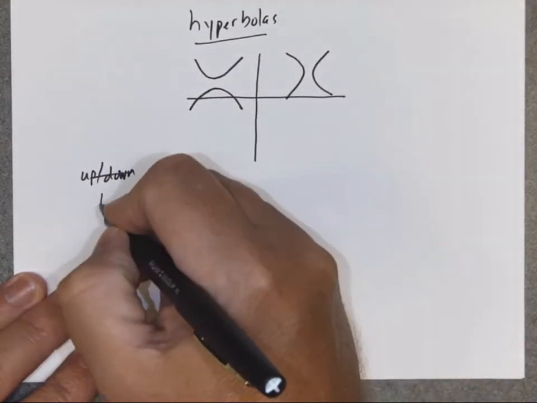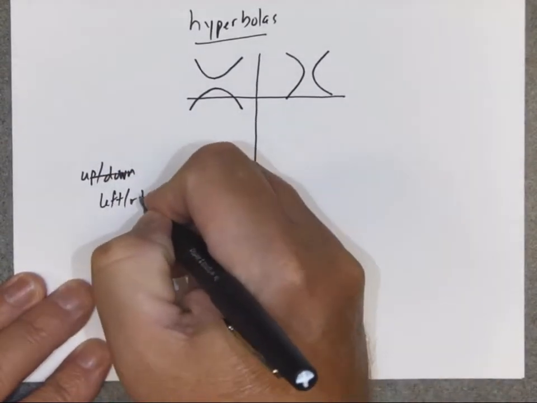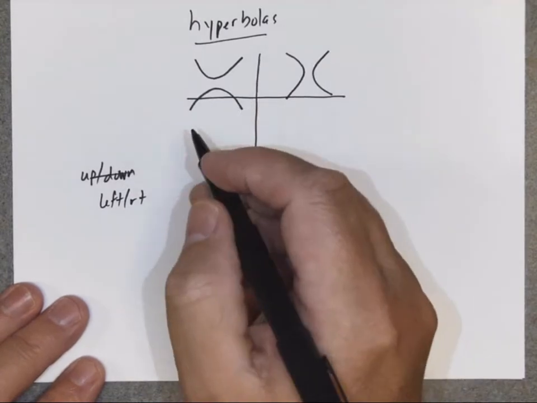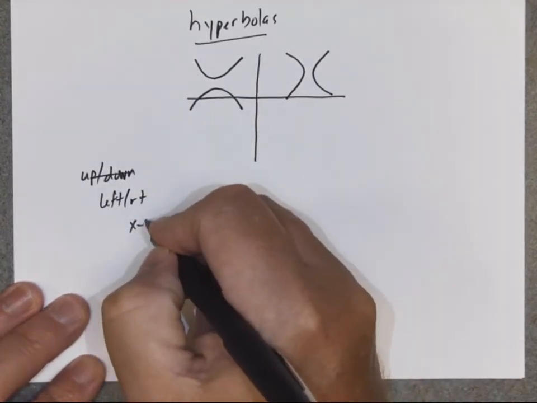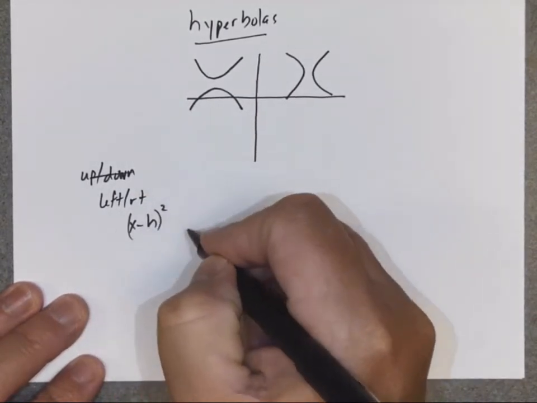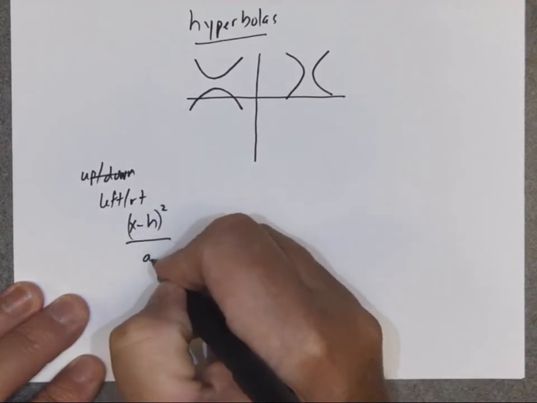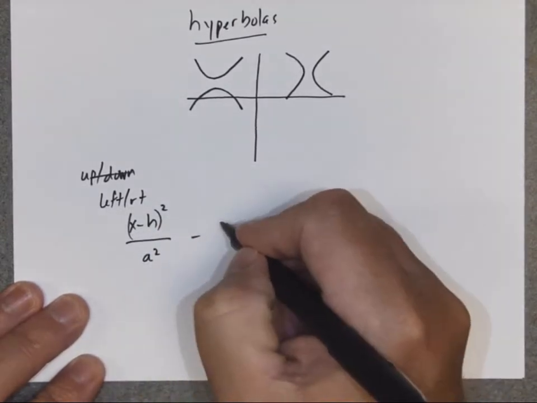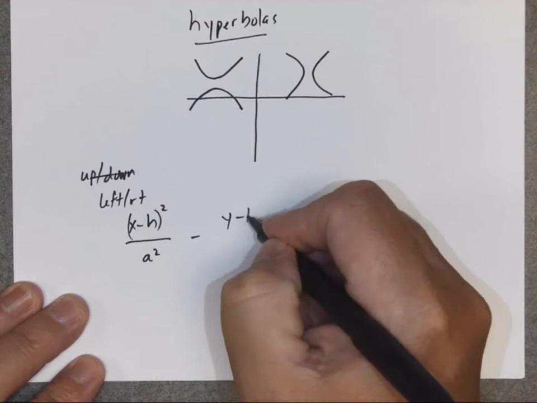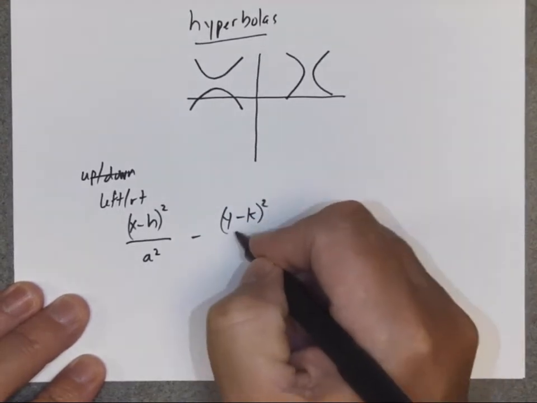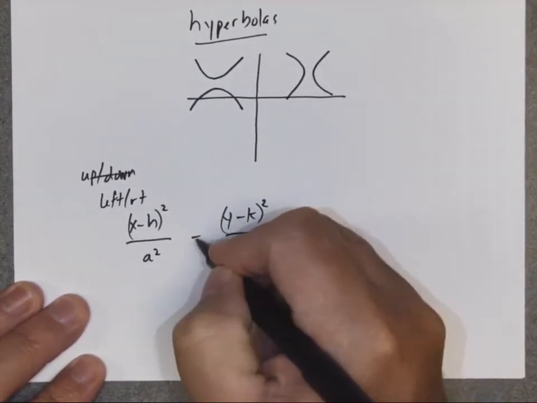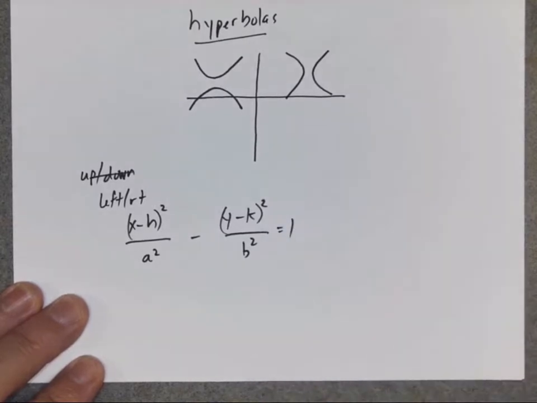Well, let's do left and right first. Sorry. A left and right hyperbola will look like this. Looks almost the same as the equation of an ellipse, except we have a minus.